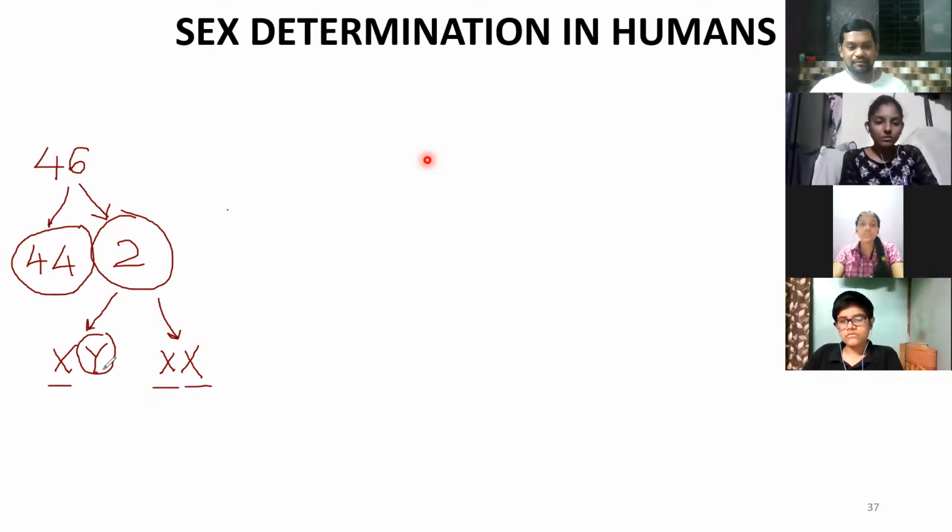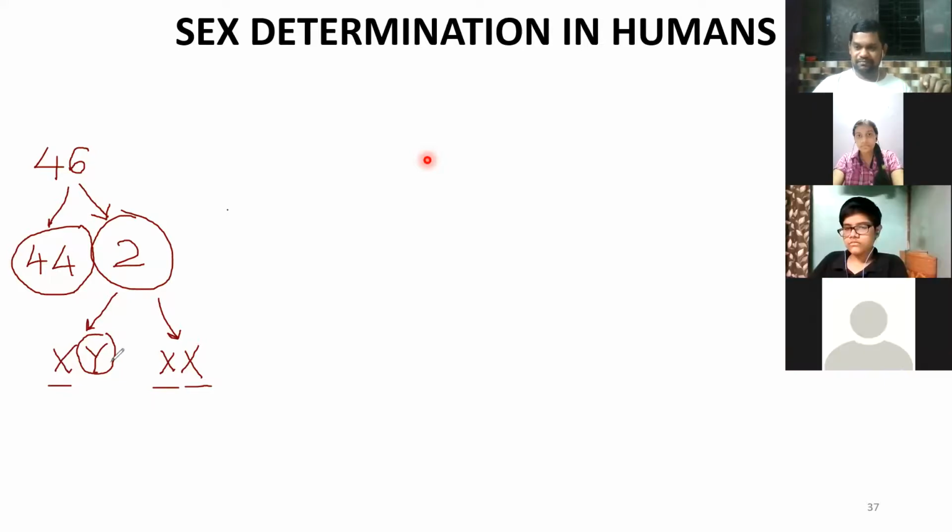The gene responsible for development of the breasts after puberty is present on the X chromosome. That's why only females get that property. So such characteristics which are restricted to only a particular sex are present on either the X or the Y chromosome. Is it clear, everyone?